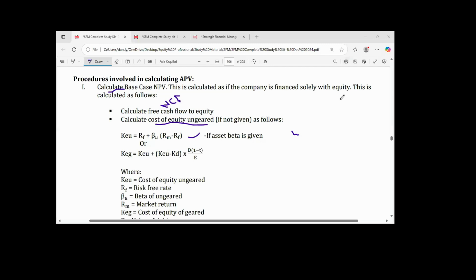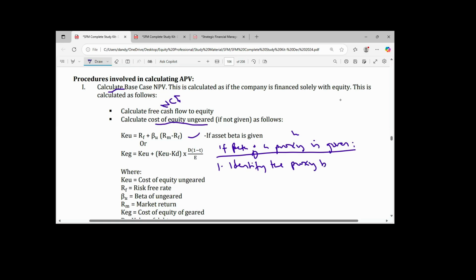So like I was trying to say, when you are calculating the cost of equity ungeared, there are 3 procedures depending on the information available. So if the beta of a proxy company is given, then there are 3 procedures. The first procedure is to identify the proxy beta.